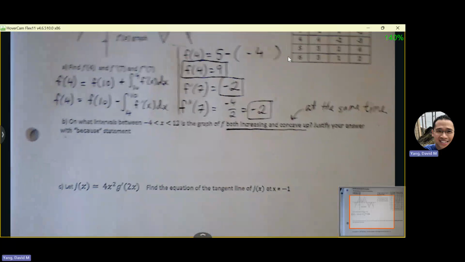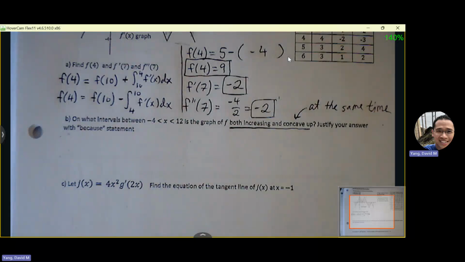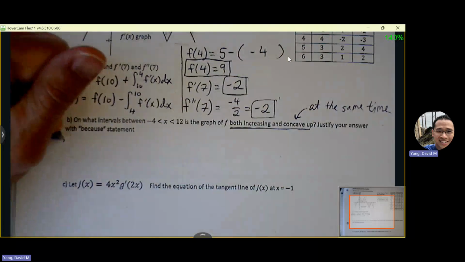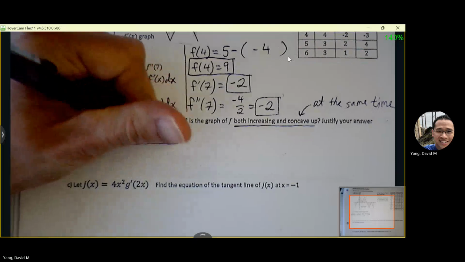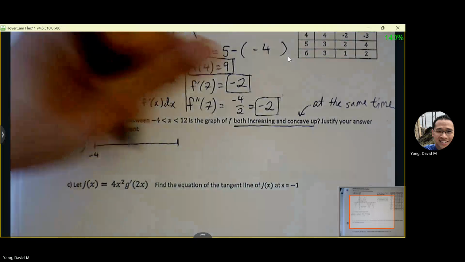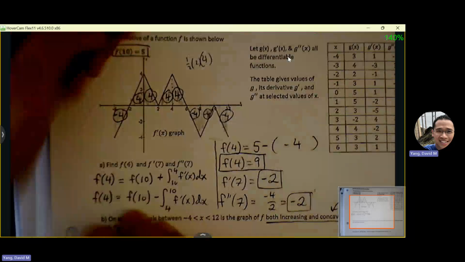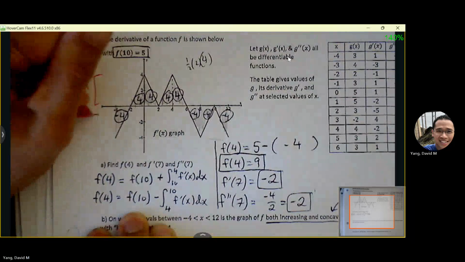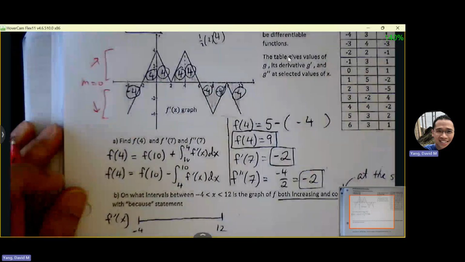So we know that we're looking at the f prime graph. So let's create our slope sign line and line everything up here. So here's my slope sign line. We can label accordingly. Above is positive slope, below is negative slope. On the x-axis, it's slope 0.